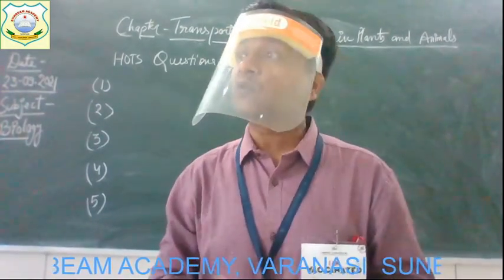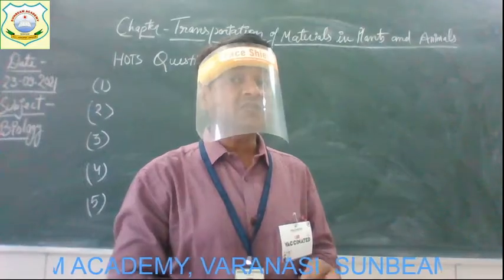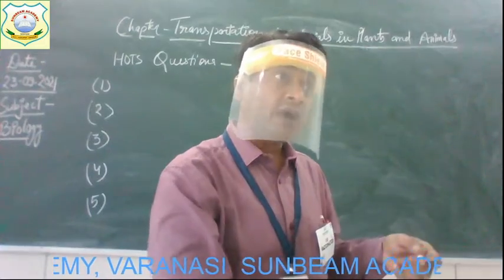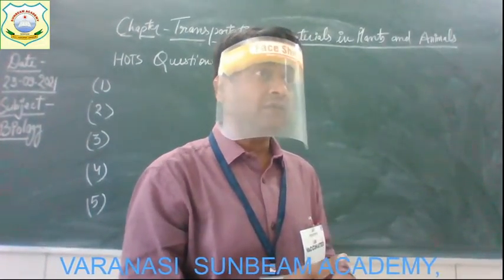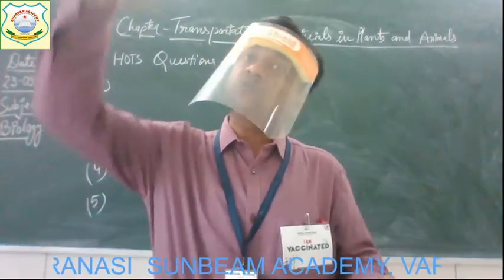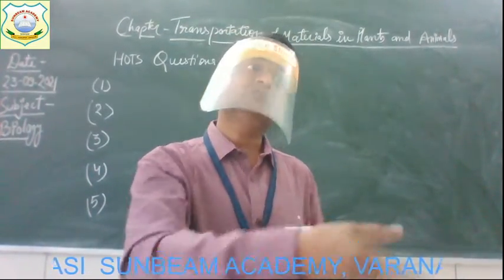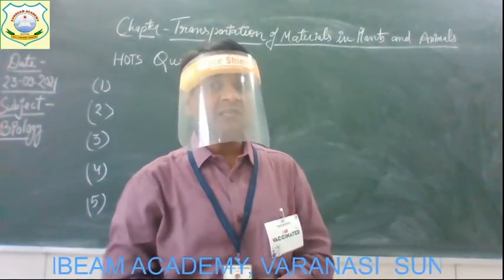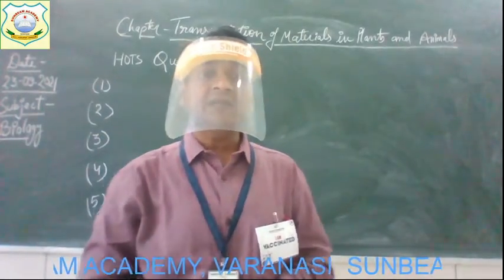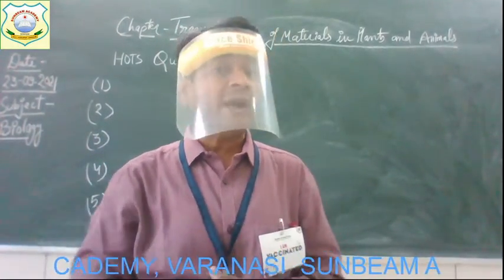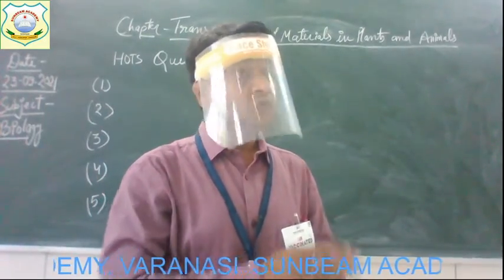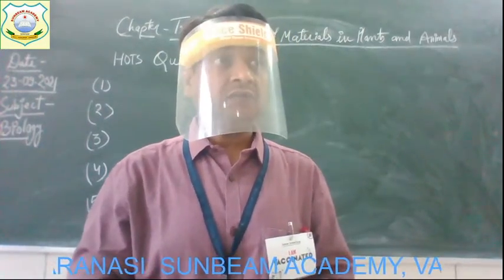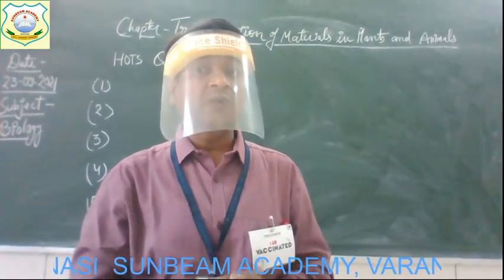Xylem transports water and minerals, and this takes place from roots to all parts. The root is situated in the lowermost part of the plant, so there is no need to send anything downward, because it is already coming from the downmost part of the plant. Xylem transports water and minerals from the roots to all parts of the plant, mostly leaves, so this transportation is in only one direction, upward.